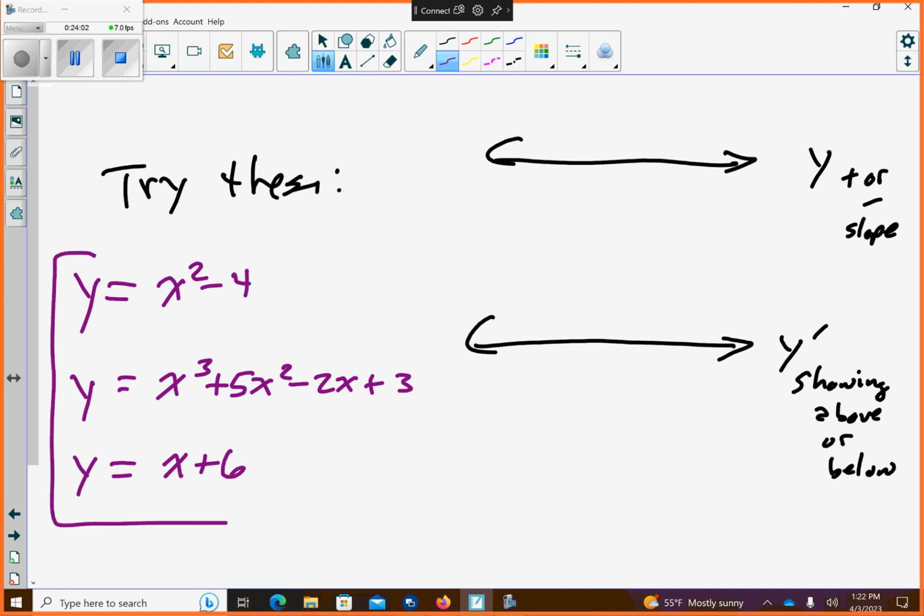See if you can figure these out. You just do it on a separate sheet of paper. See if you can get an attempt at those three, showing just the sign lines, where the original sign line shows where the slope is positive or negative, where it changes from positive to negative, and on the y prime where it shows it's either above or below the x-axis. Deal?